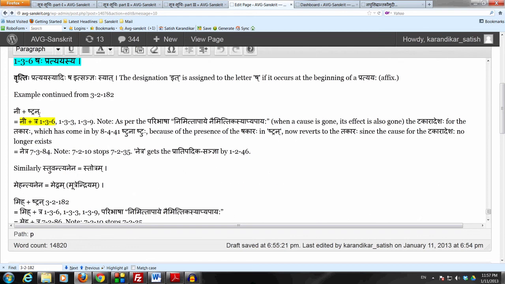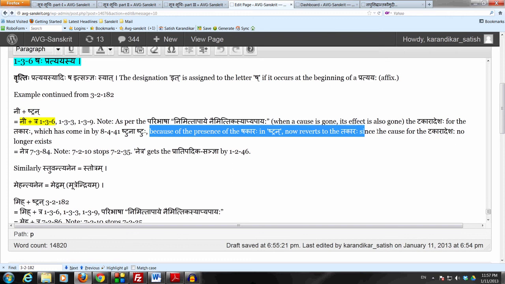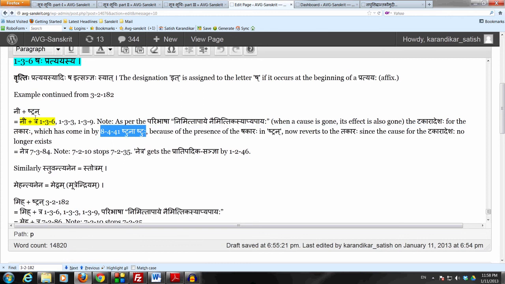Now at this point what happens is that the shtutvam, which took place by 8.4.41 ṣṭunā ṣṭuḥ, reverses itself because the takara of the pratyaya took a ṭakara adesha by ṣṭunā ṣṭuḥ 8.4.41 because of the presence of the murdhanya shakaraḥ. Now that the murdhanya shakaraḥ has gone away by tasya lopaḥ, the nimittam, the cause for shtutvam, is no longer there.